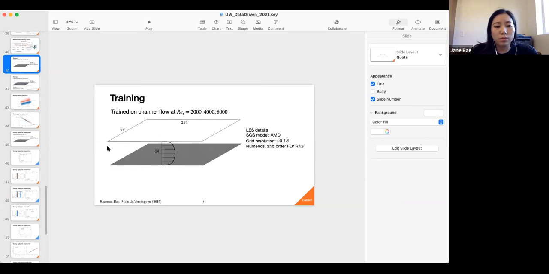In order to make the flow move from this location to that location, we have a pressure gradient in between, and that pressure gradient directly relates to wall shear stress. So for this training, I didn't even have to take any empirical model. It's just a known quantity based on my simulation details itself. That's why training on the channel flow was a pretty easy way to go about it.